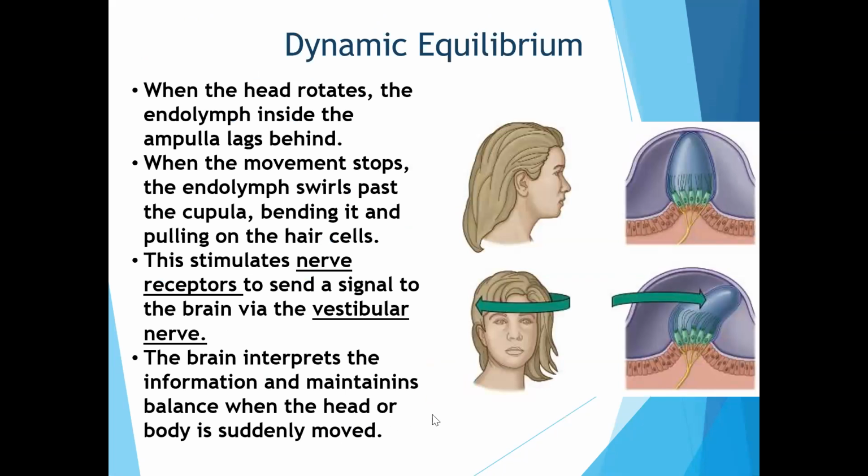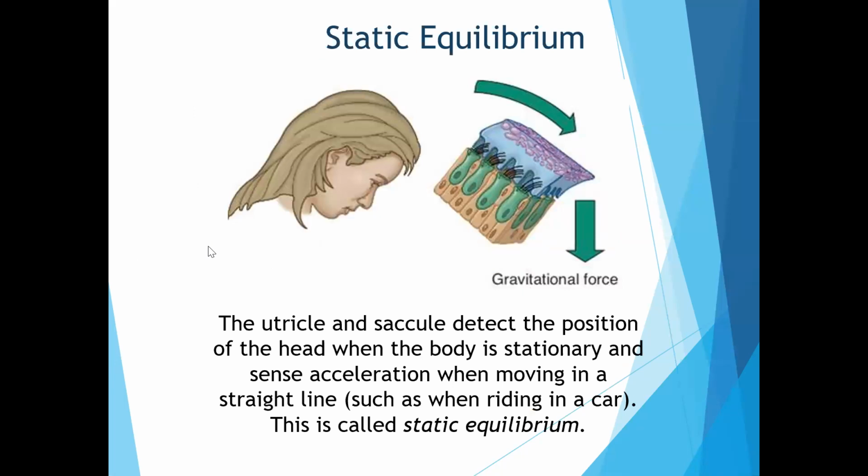Okay, so dynamic equilibrium and static equilibrium, there's two different aspects of this. So the speed and direction of head movements is primarily our dynamic equilibrium. This is done primarily by the semicircular canals. And then the static equilibrium is typically the utricle and saccule in the vestibule rather than our semicircular canals.